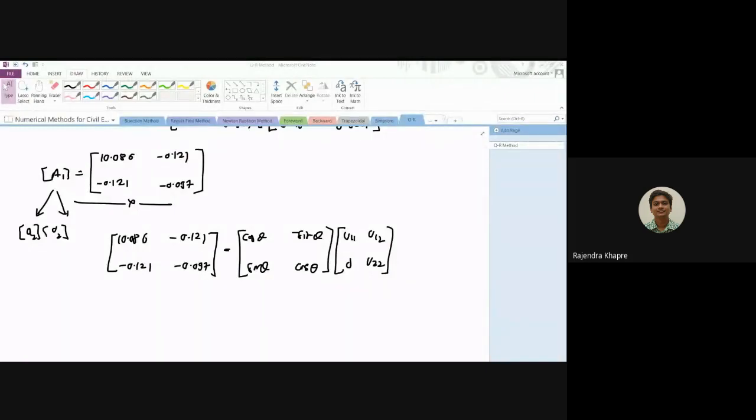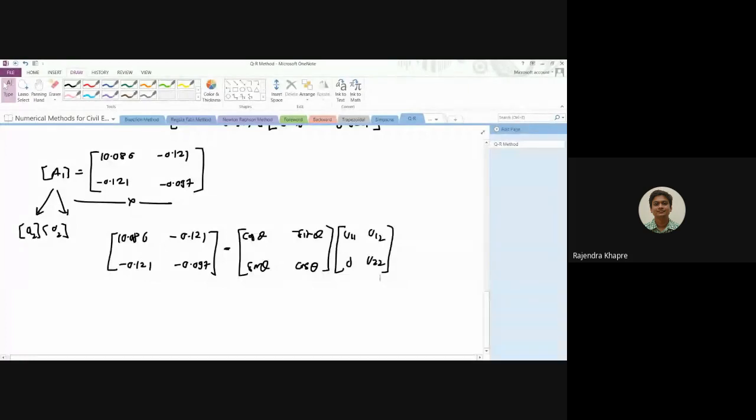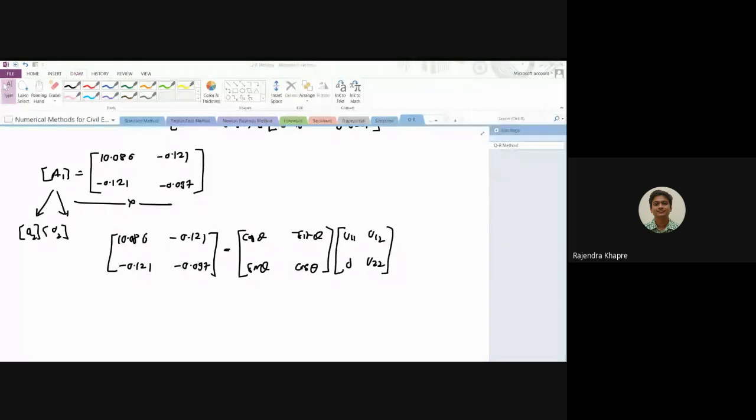See, angle sometimes you get negative, sometimes you get positive. But if you substitute the value of theta, sine theta and cos theta should come the same. So please check that because I am getting the angle as 51.3.